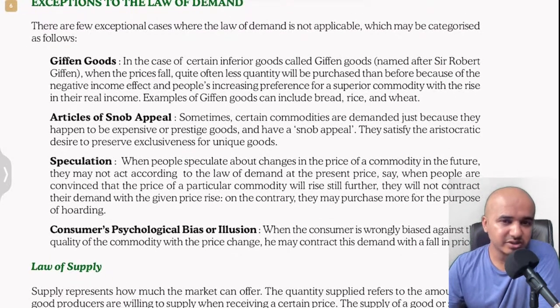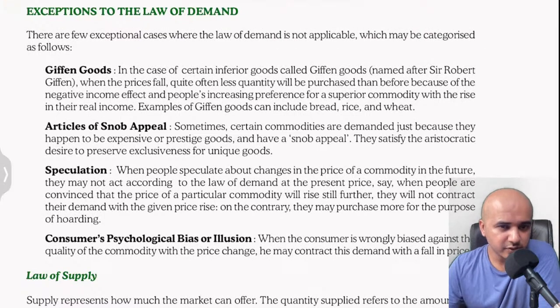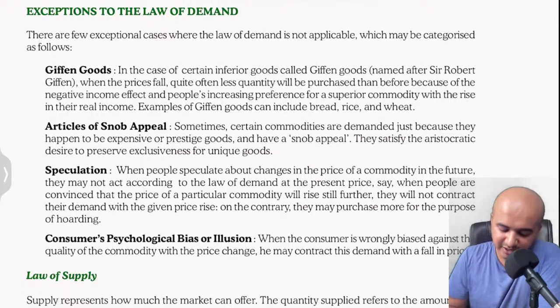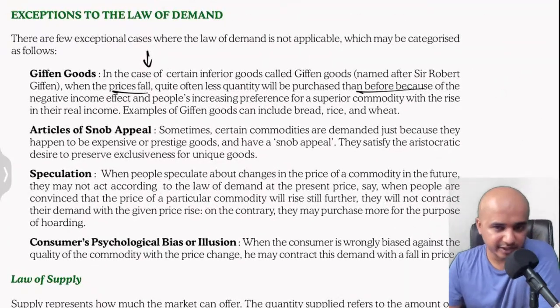Giffen goods, they say. So in case of Giffen goods, the law of demand will not work. Why? We'll see. In the case of certain inferior goods called Giffen goods, named after Sir Robert Giffen, an economist, what does it say? When the prices fall, quite often less quantity will be purchased than before. This is very interesting.